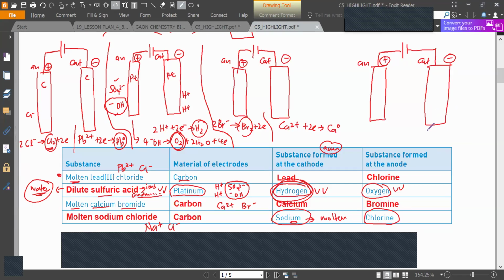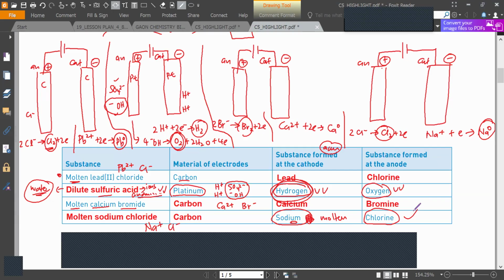The negative will attract the positive, which is sodium plus, and the positive will attract the negative, which is chloride. The sodium plus one electron turns to sodium metal. So that's why we have this sodium metal here. The chloride loses two electrons to get chlorine gas. So that's how it works.